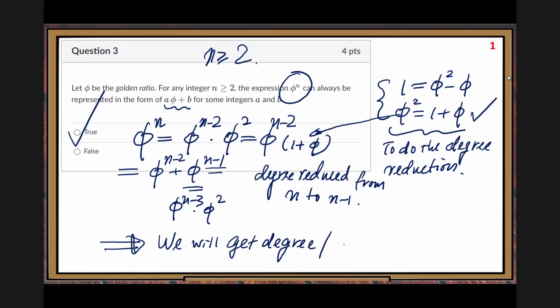After we get degree 1 polynomial, we have to stop, because we won't have phi squared anymore. Whenever you see phi squared, you can do reduction. So after we do all the reductions, you cannot find phi squared. So we get degree 1 polynomial.